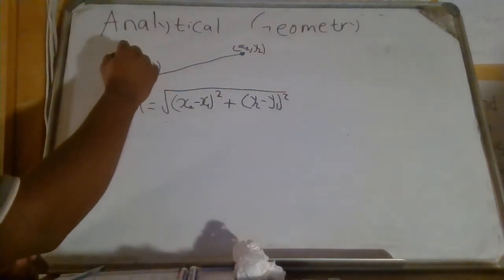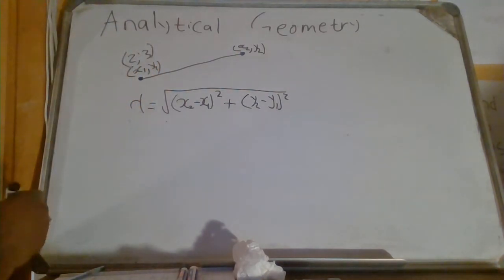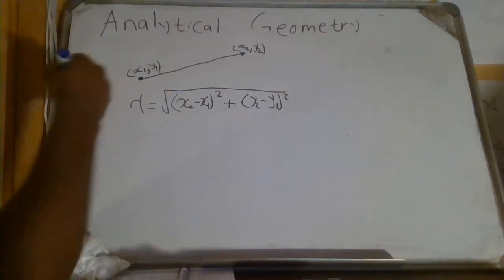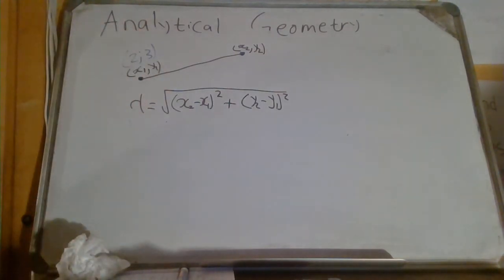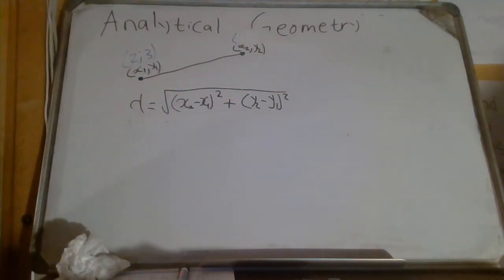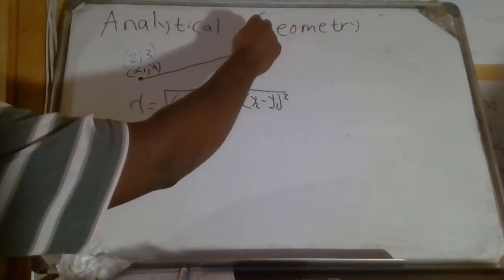It's 2 and 3, 2 versus 3. Let me use a different color. 2 versus 3, and then here we've got 4 versus 5.